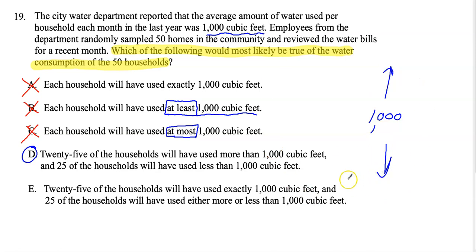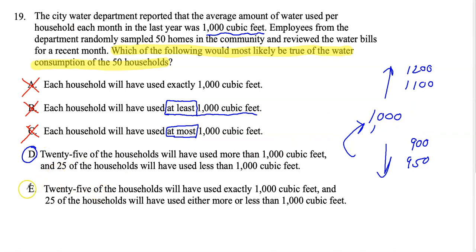If you average it out, you'll get 1,000. So you might have some using like 1,200 and another one using 1,100 cubic feet of water. And here you have maybe someone using 900 and someone here using 950. And if you get a good average of these, it'll average about 1,000. So D makes the most sense to me, and I would circle that.